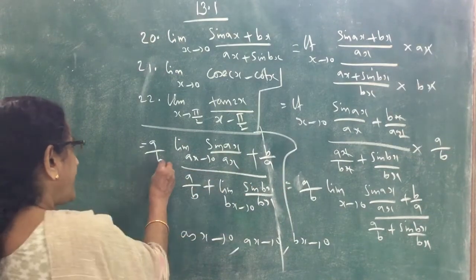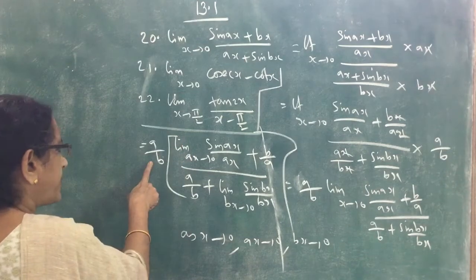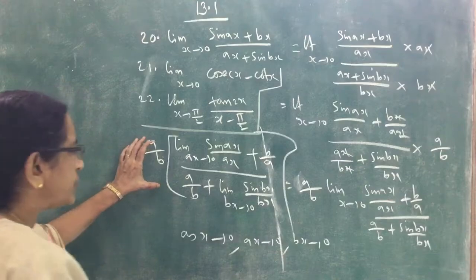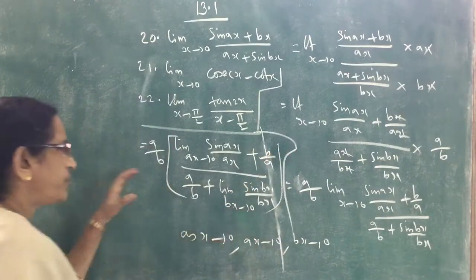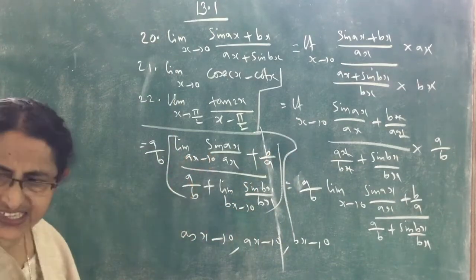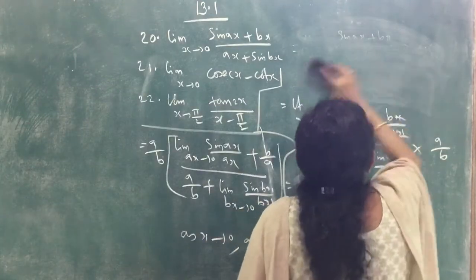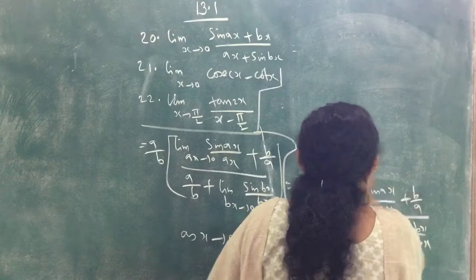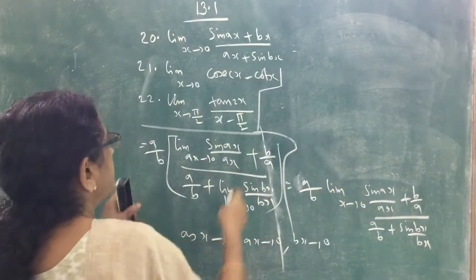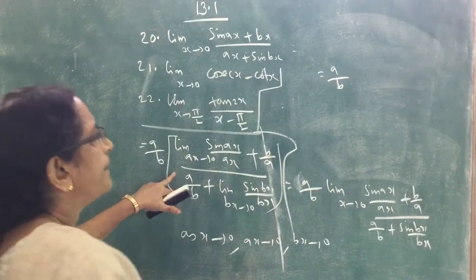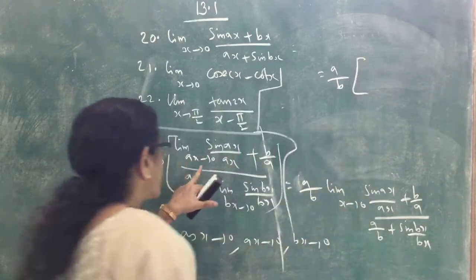Here a by b is common for all the terms. This a by b we have taken outside, so that into this limit. Now we can apply the limit for this term. This is equal to a by b into the bracket.